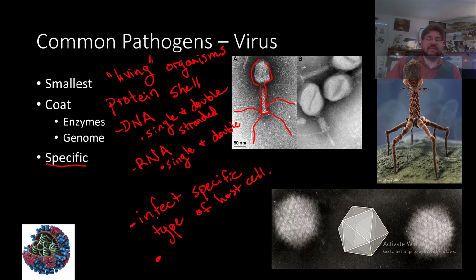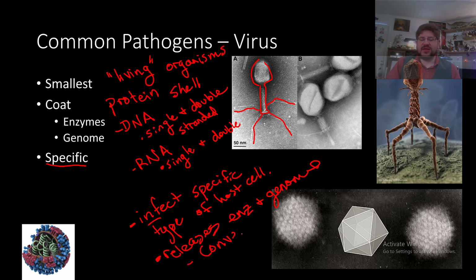And so basically a virus infects its specific type of cell. It releases its enzymes and genome, and then it converts the infected cell into a virus factory.